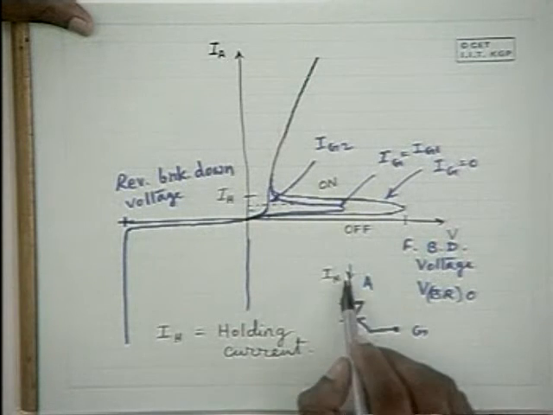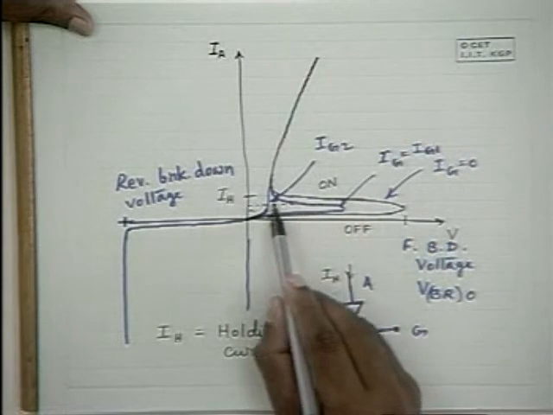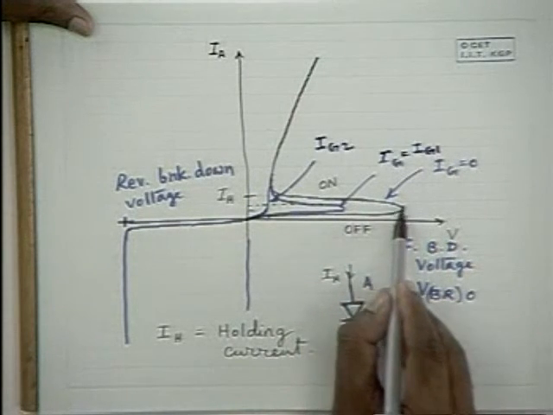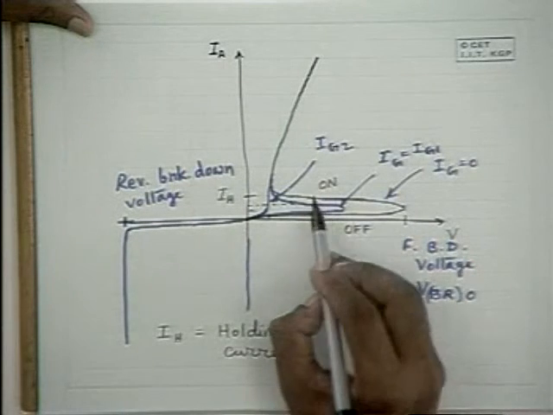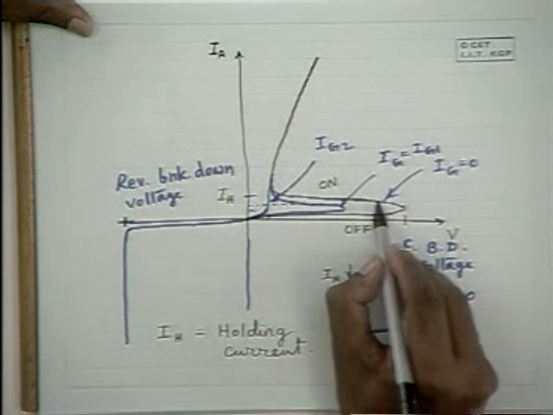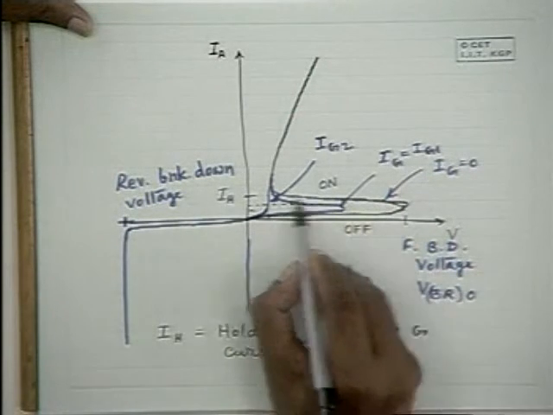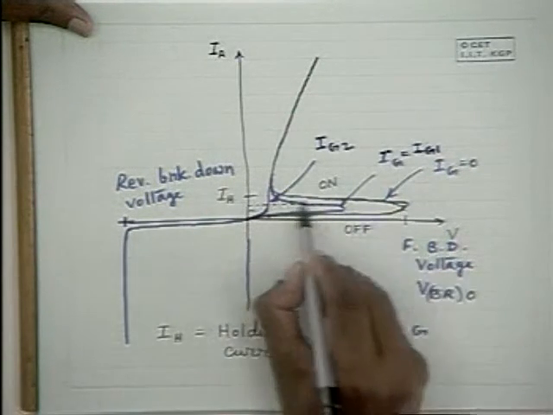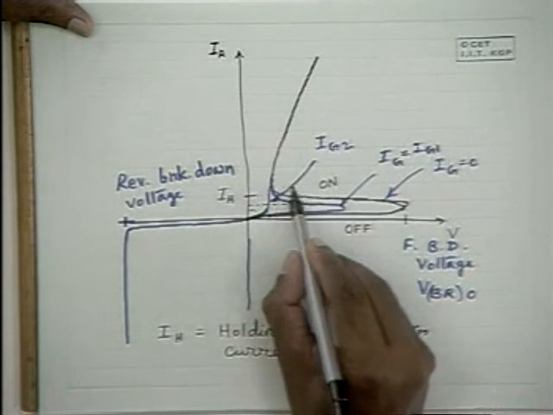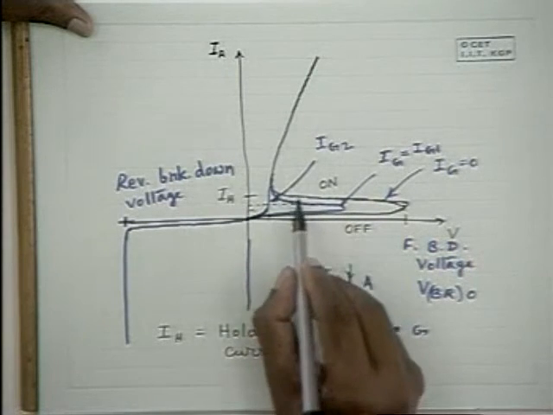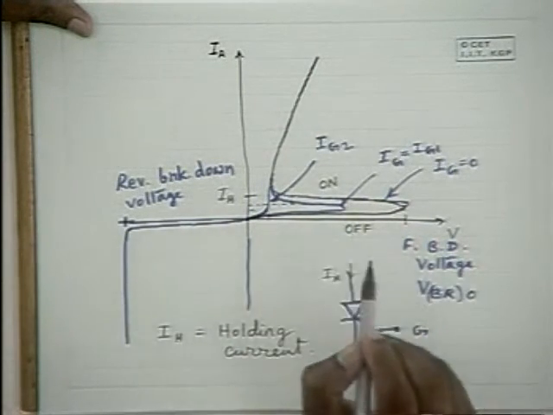But it's not necessary that you make it 0. If you make it less than this holding current, then it goes into the off state, because the current is almost constant here as the voltage is varied. So once you go below this holding current, the operating point goes onto this side.